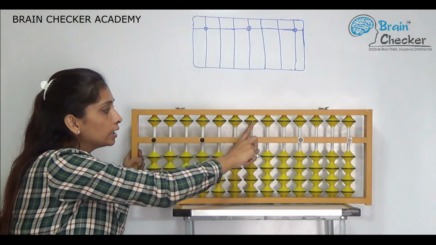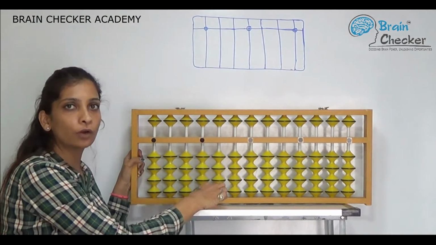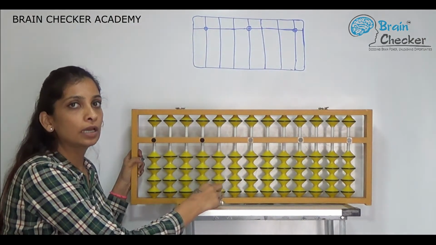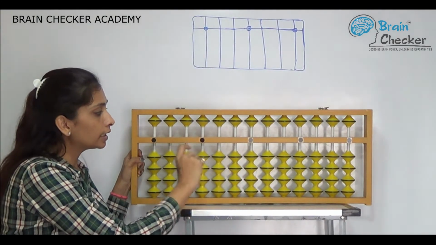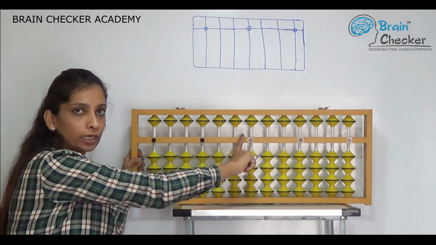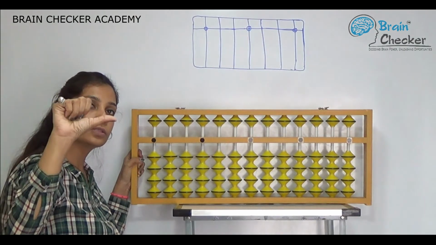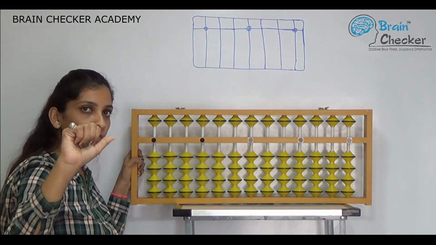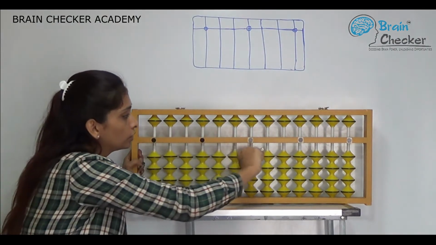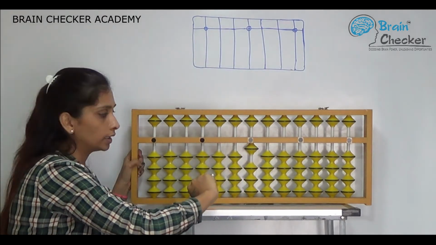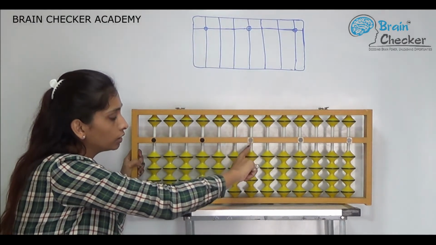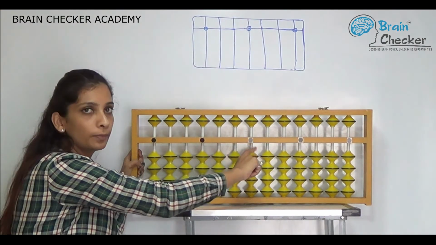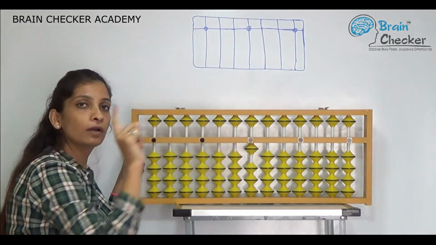When we are seeing numbers on the unit rod, how do we create value with the beads? When we are taking lower beads up to create the value, we will always use our right hand thumb. So this is 1. When a bead on the unit rod goes up, it creates the value of 1.